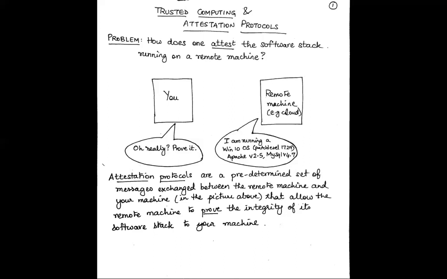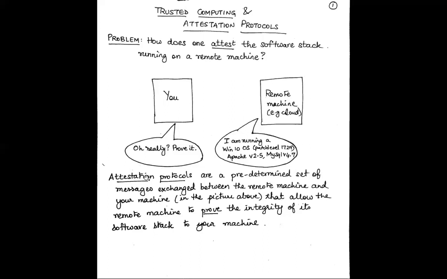So the question that attestation protocols and trusted computing attempt to address is precisely this, where you are able to verify claims made by the remote machine about the software stack that is running on that remote machine. So that's precisely what attestation protocols are.